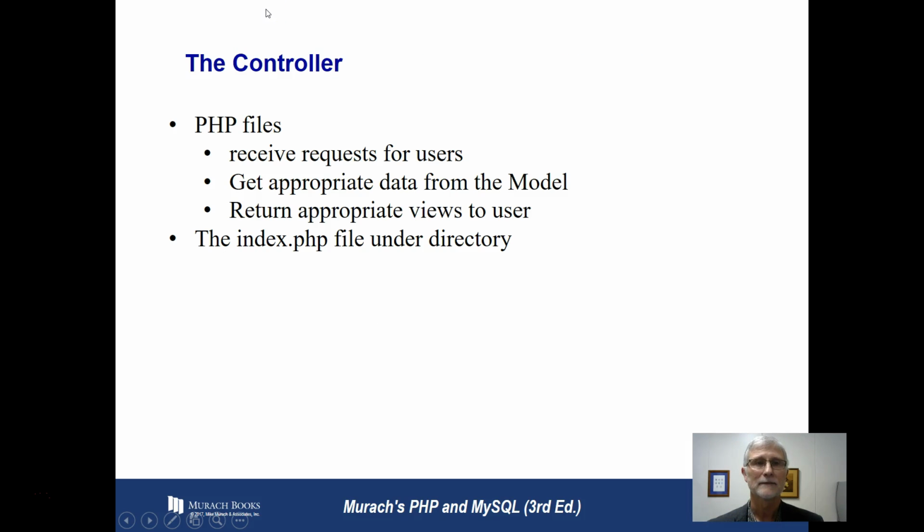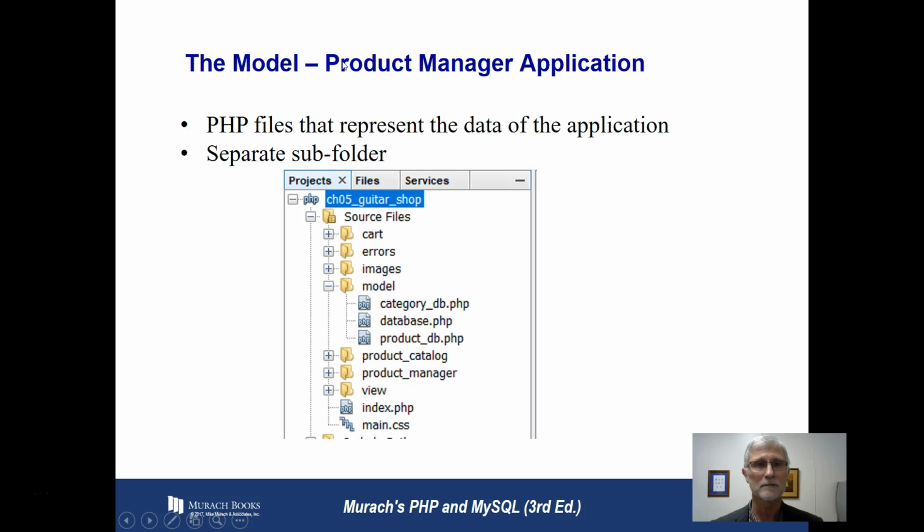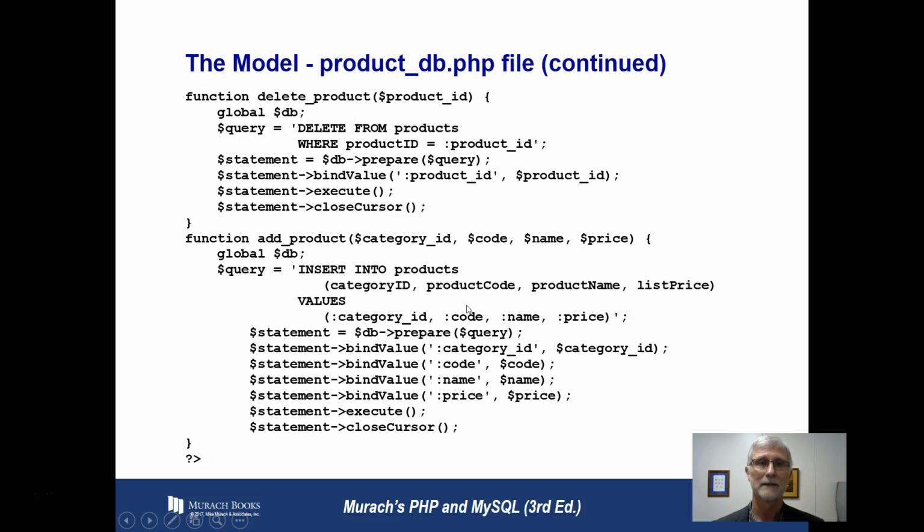So just keep that in mind. If you look back at our list here, we've got access to the database and something for our two different tables. Anything that's going to access my product database, all the functions will go in that PHP program. Anything accessing my category database will go in the category PHP.